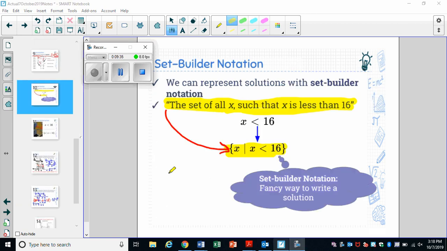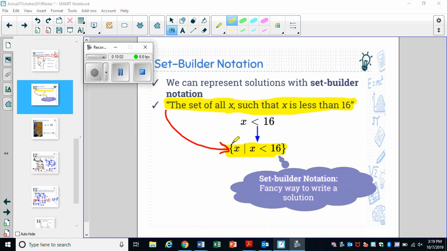Now, set builder notation, this is relatively new. We use set builder notation as another way to describe an inequality. So for instance, given the previous problem, x is less than 16. You basically keep your algebraic expression.